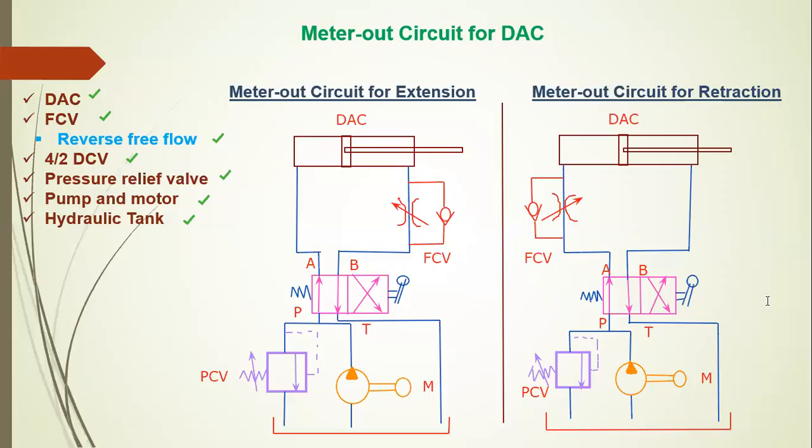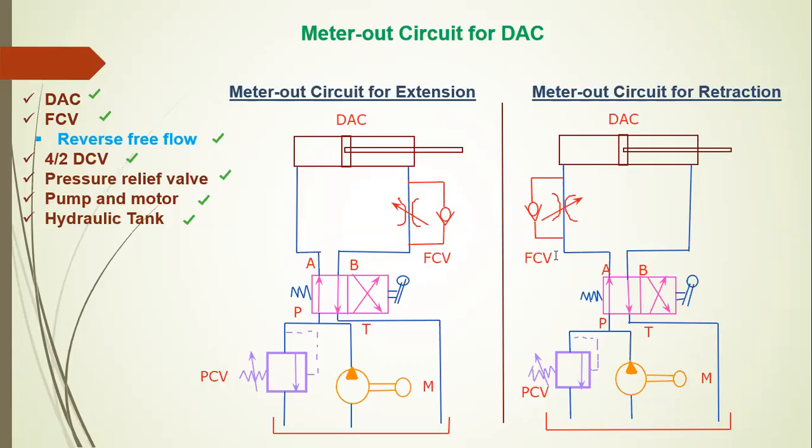For any type of load, we have to pull or push, so both sides of the actuator are in a working condition. If sometimes you require flow control for in and out, it is necessary to give actuator motion control by the FCV, so we can add the FCV on both sides for in and out conditions.